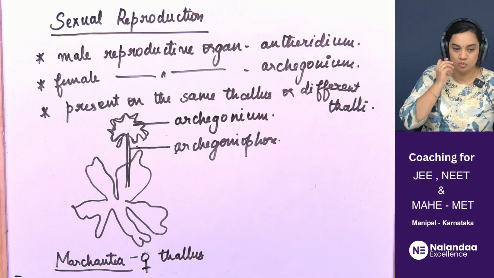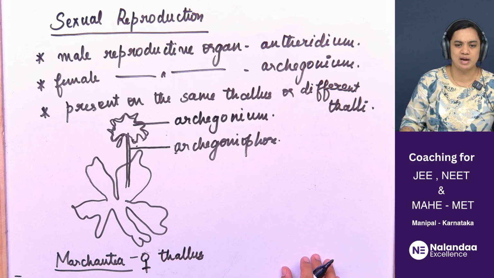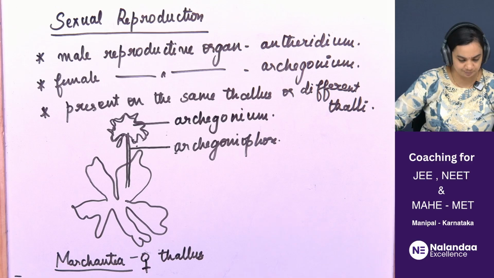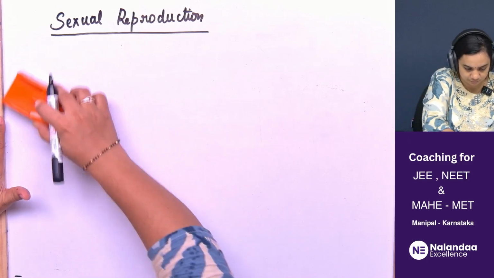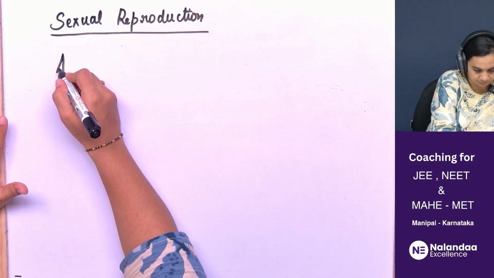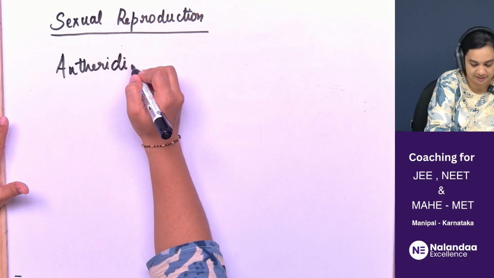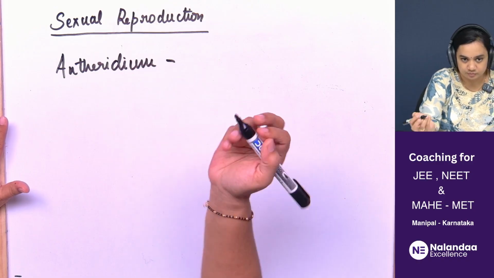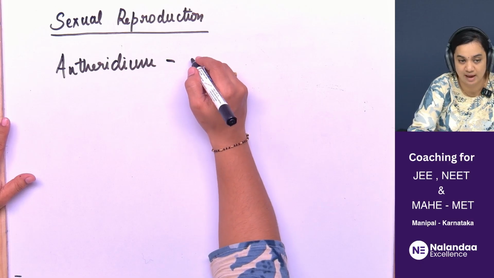And now we have already discussed how fertilization happens in case of bryophytes. So how does that happen? During the rainy season, the antheridium will produce what kind of gamete? Male gamete.